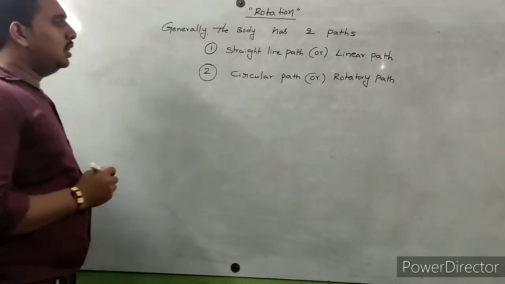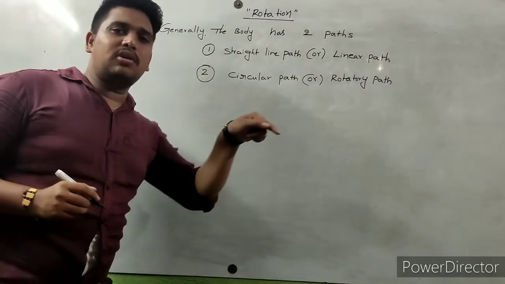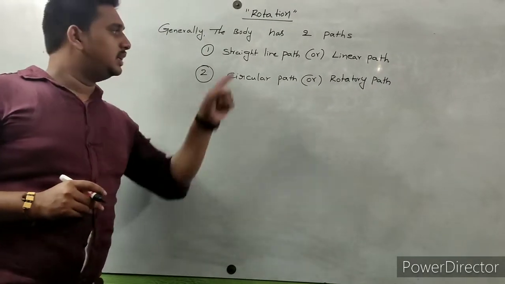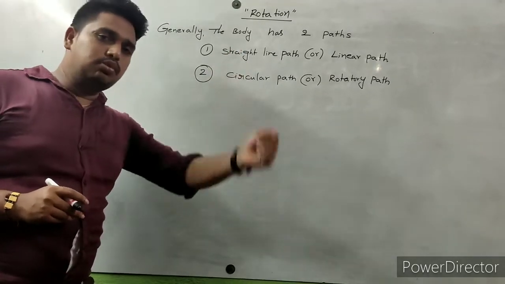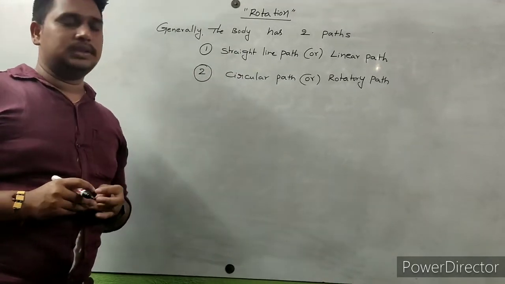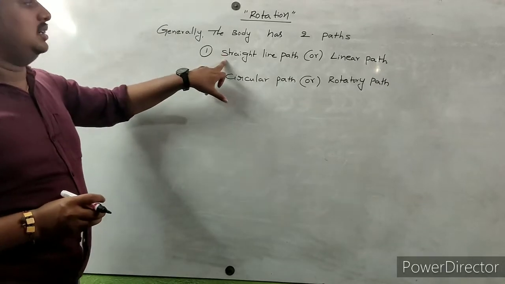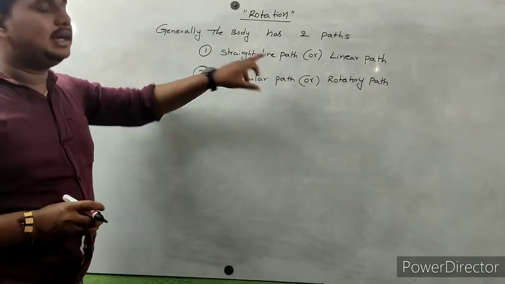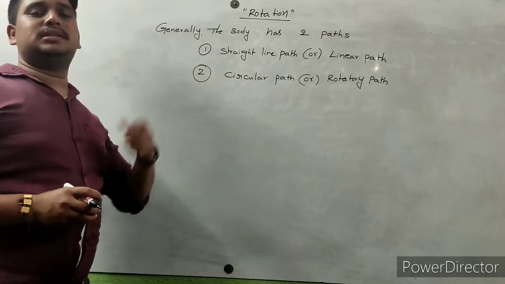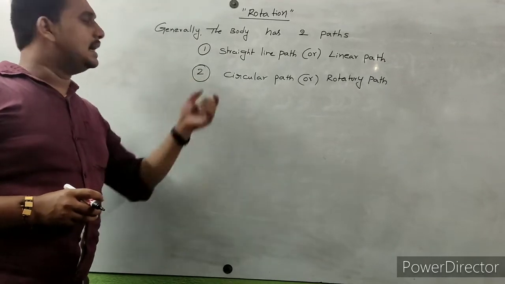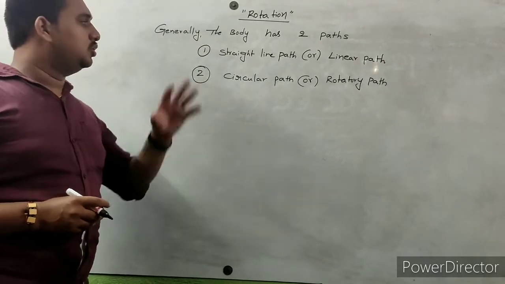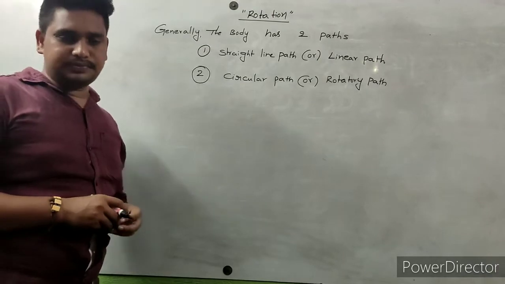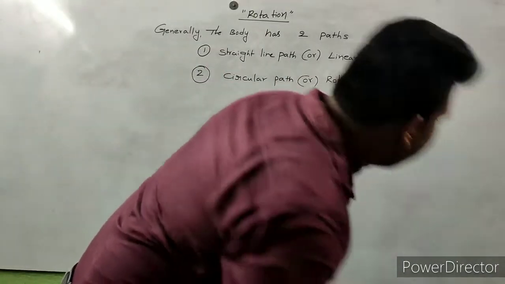When a body moves on a straight line path or on a circular path, some parameters or physical quantities are related with the straight line path, and some are related with the circular path. Few of those I discuss now.